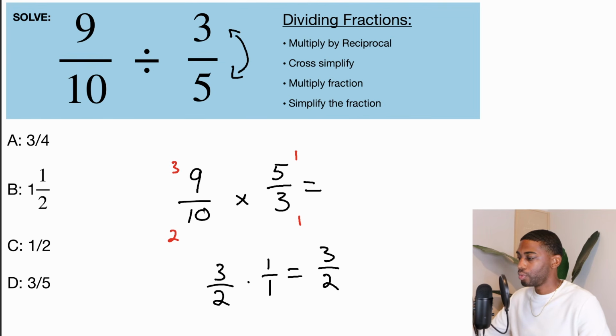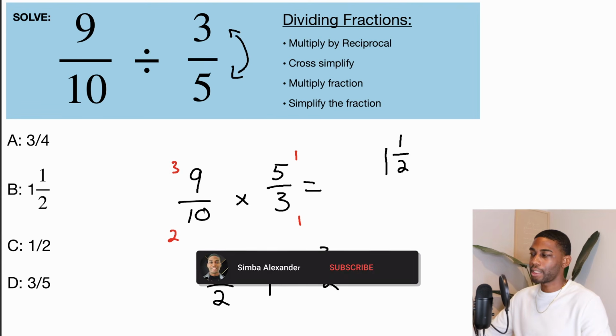2 goes into 3 a total of 1 full time. You can fit 2 into 3 a total of 1 time. And then it has 1 as a remainder, right? How many remainders does it have? 1. Okay. 2 goes into 3 a total of 1 full time with 1 remainder, and the denominator stays the same.